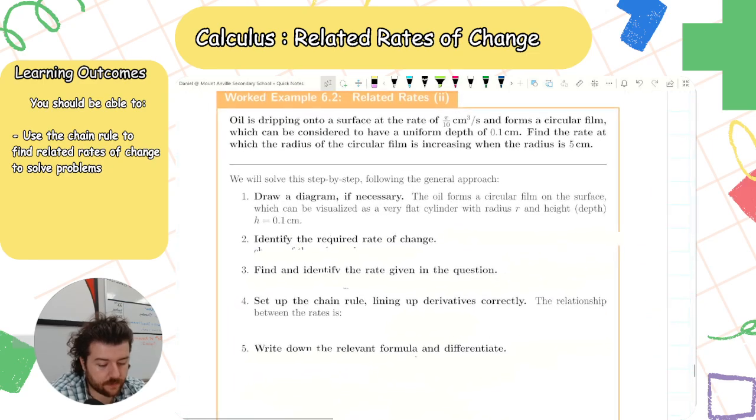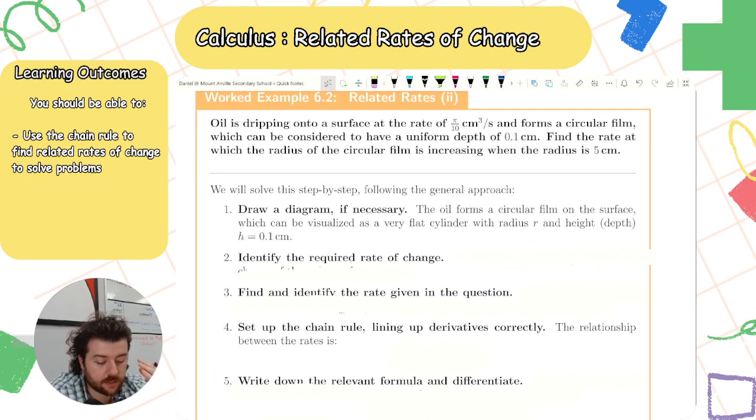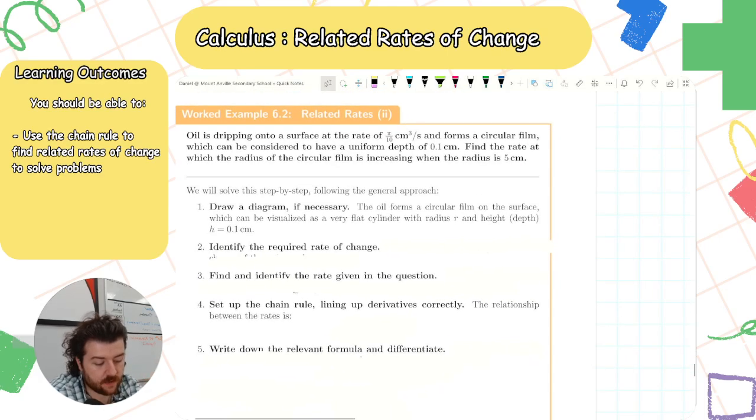So let's look at another example here. Oil is dripping onto a surface at the rate of π/10 cm³ per second, and it forms a circular film, which can be considered to have a uniform depth of 0.1 centimeters. Find how fast the radius of the circular film is increasing when the radius is 5.